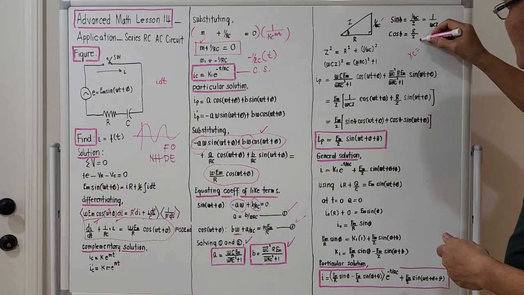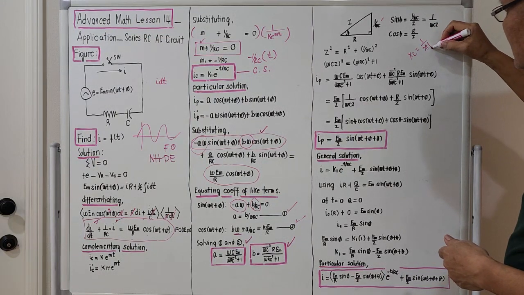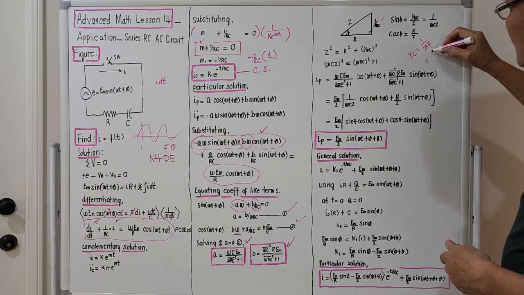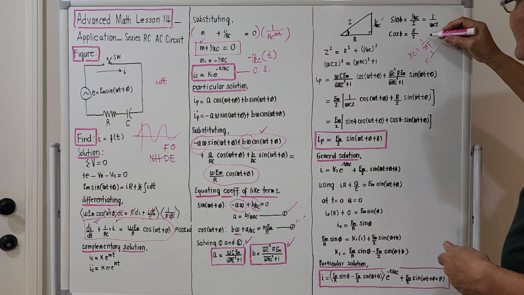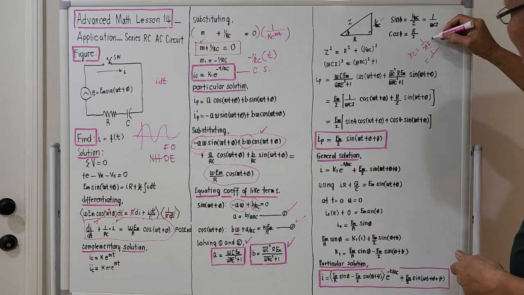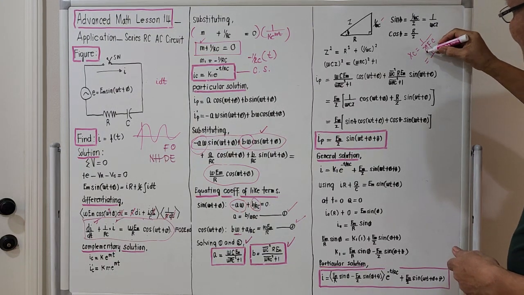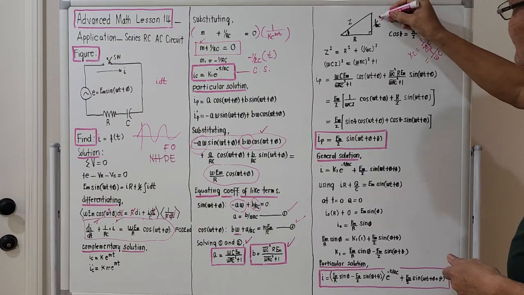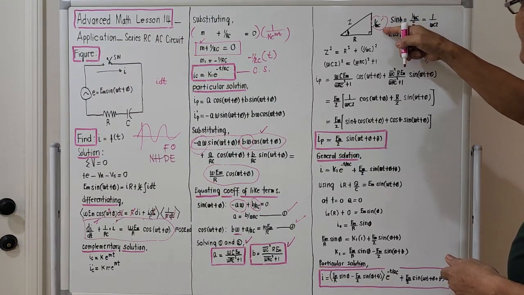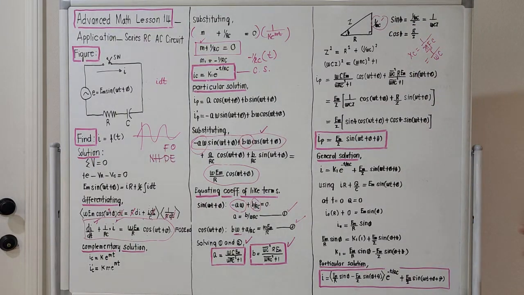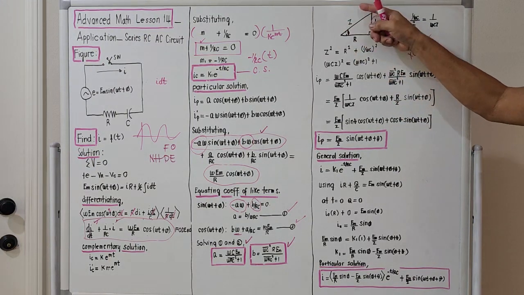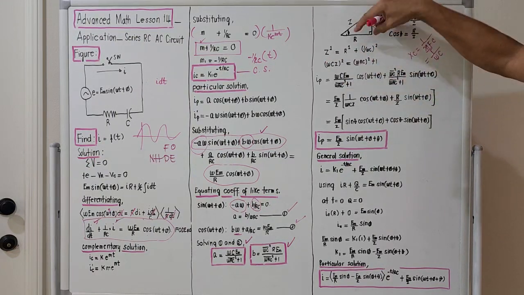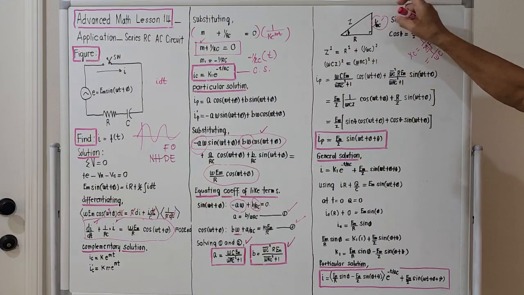X of C is actually 1 over 2 pi f C. 2 pi f is actually omega times C. So this side here is 1 over omega C. And using the Pythagoras principle, the square of the hypotenuse, which is the impedance square, should be equal to the resistance square plus the square of the side.